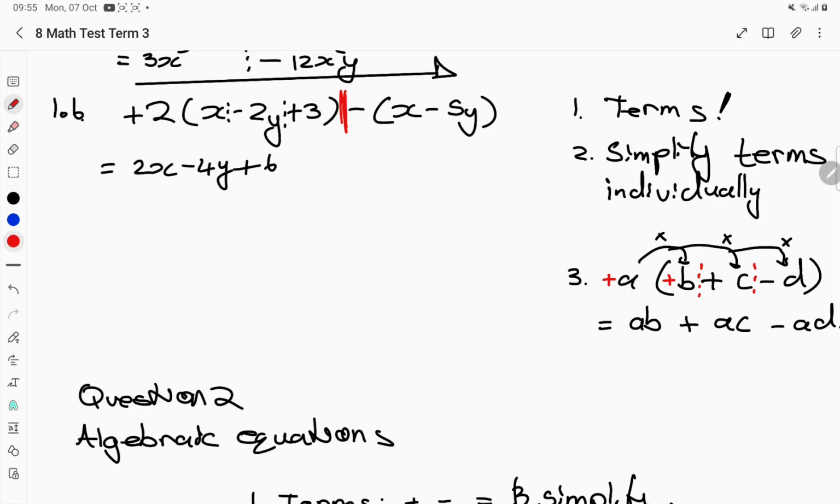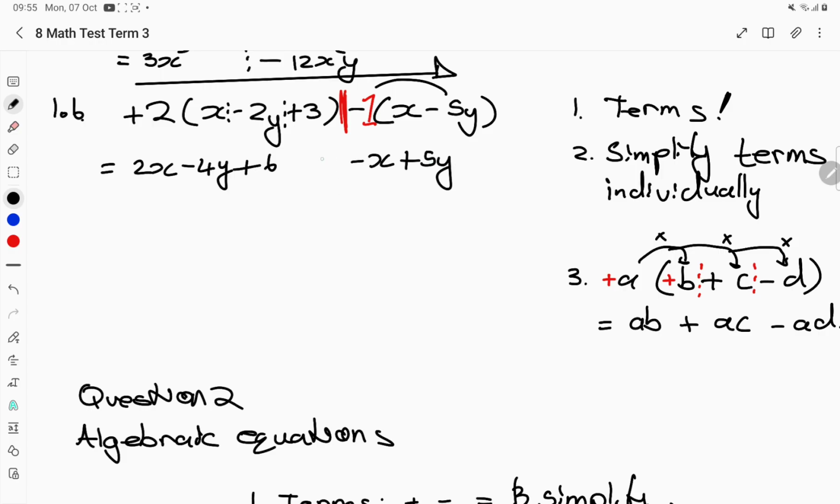Looking at the next term, outside of this bracket there's nothing there. But you can put down an invisible 1 there just to make it make more sense for yourself. So negative 1 times x is just negative x. And negative 1 times negative 5y is a positive 5y.